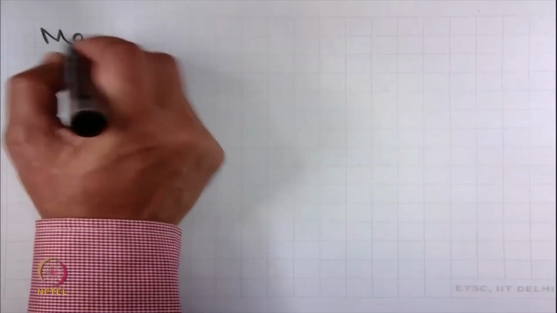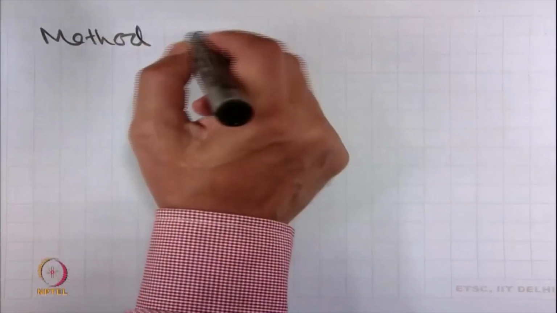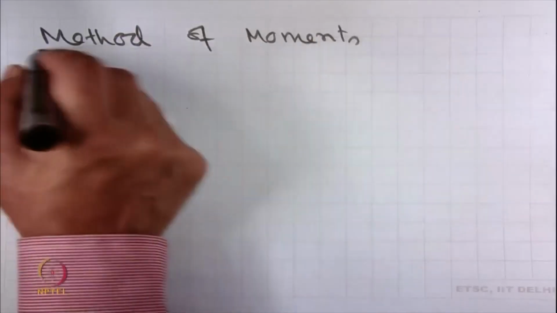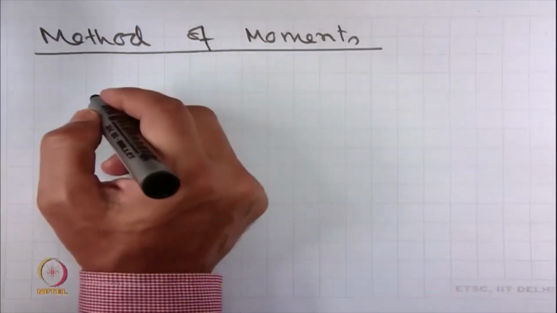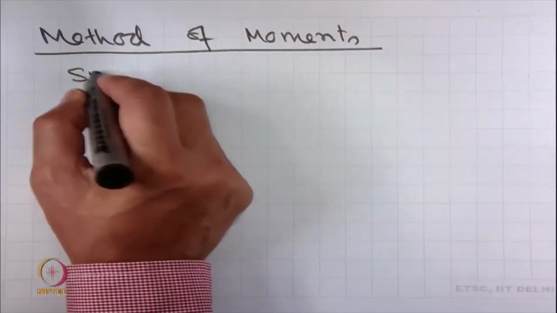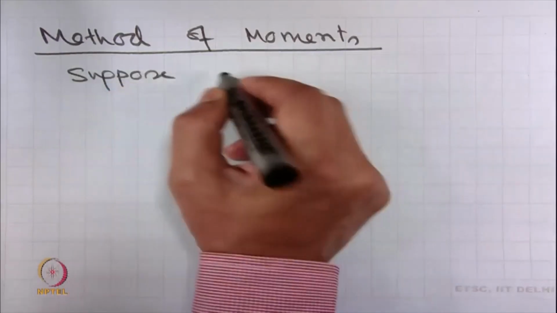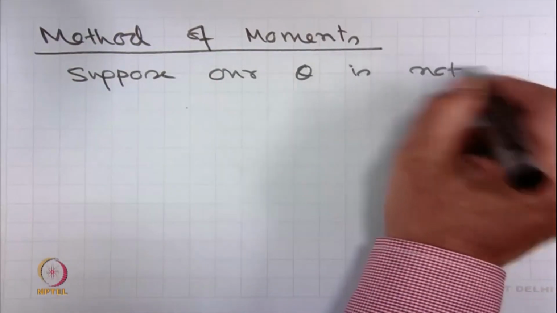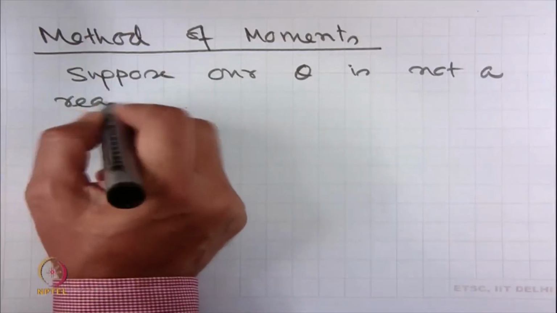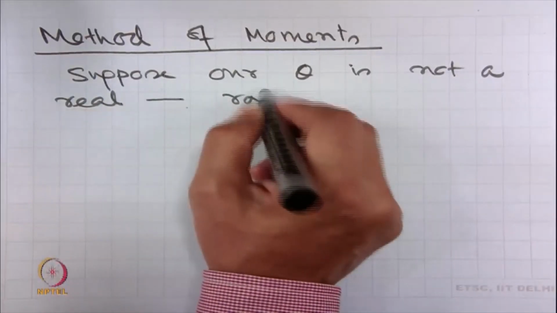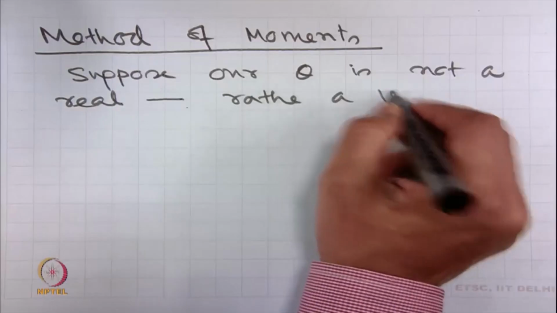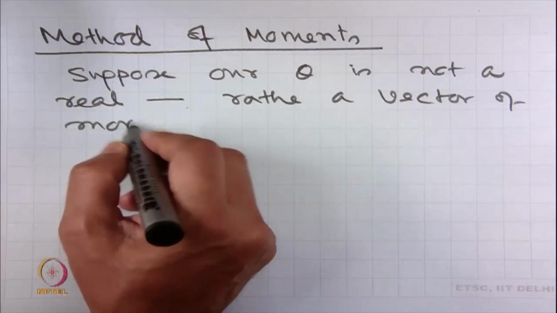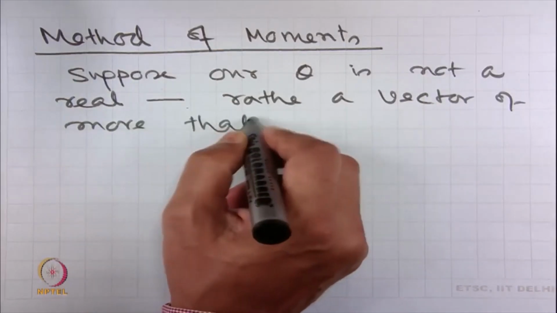So, method of moments. Suppose our theta is not a real number, rather a vector of more than one parameter.